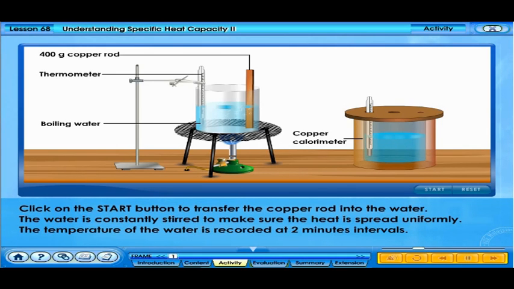Click on the Start button to transfer the copper rod into the water. The water is constantly stirred to make sure the heat is spread uniformly. The temperature of the water is recorded at 2-minute intervals.